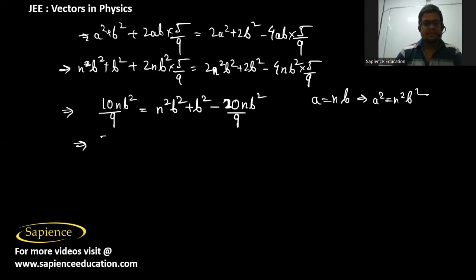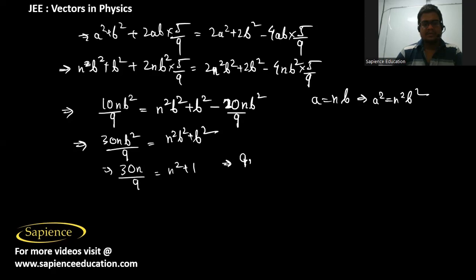Okay, so this will be 30 n B square by 9, equal to n square B square plus B square. So we can say 30 n by 9 is equal to n square plus 1.